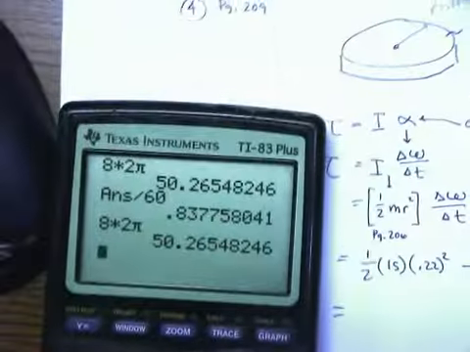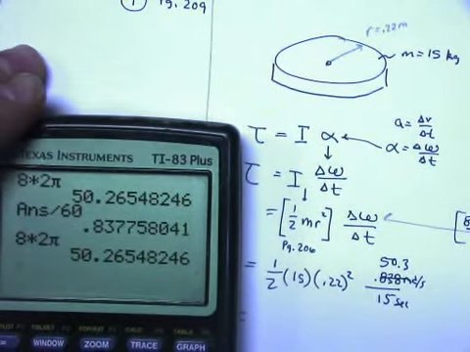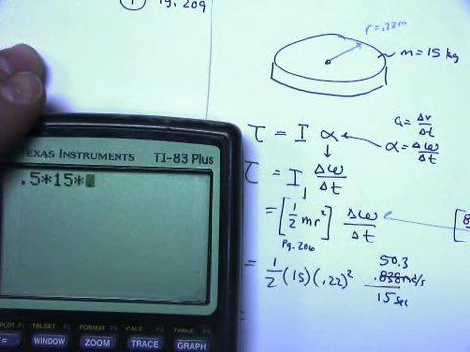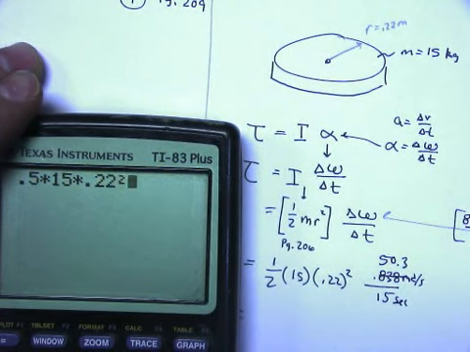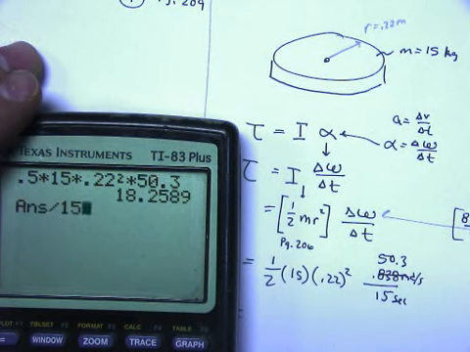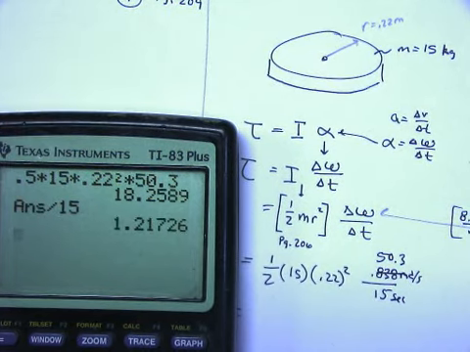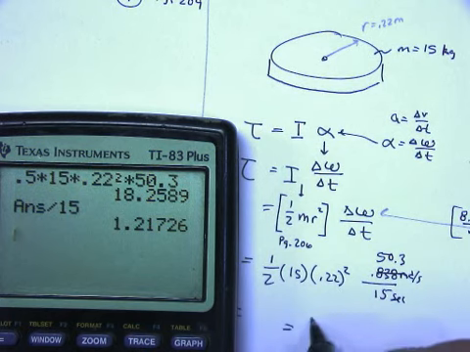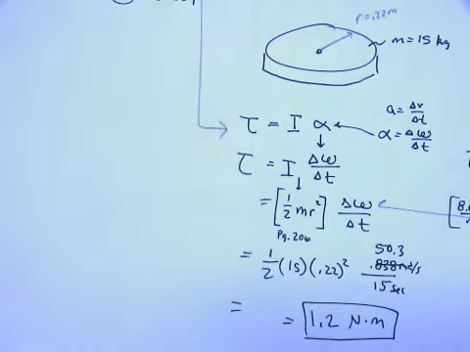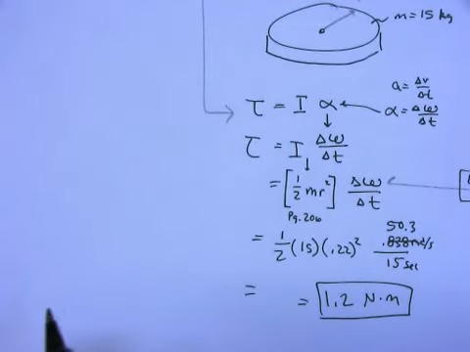So now if I redo this, 0.5 times 15 times 0.22 squared times 50.3 divided by 15, I get 1.21. That's better. So that's 1.2 Newton meters. Yep, that's correct. That's part A.